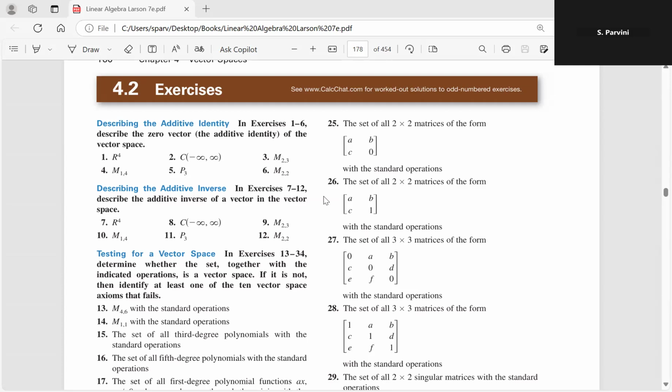So what do you think? Is number 26 closed under addition? In other words, when I add 2 matrices, I will get a matrix that looks like A, B, C, 1. Let me help you here.